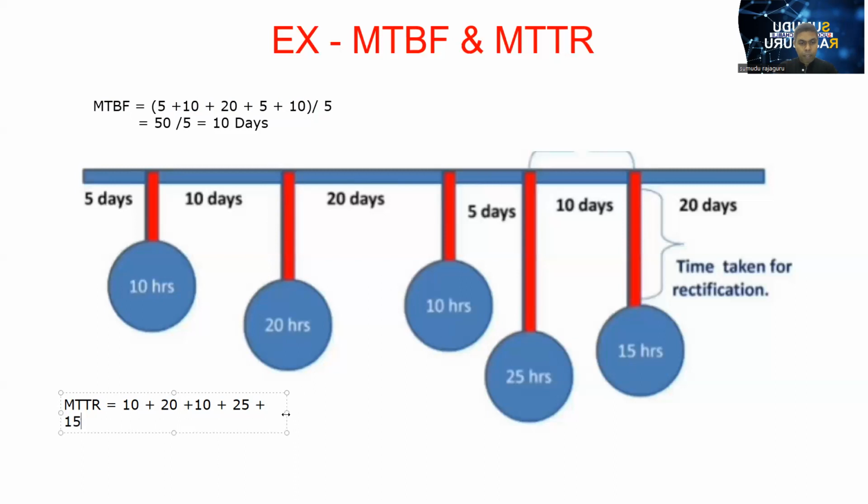So altogether, we have to add these repairing times. Then there are 5 failures. So because of that, we have to divide this by 5. When we add all these numbers, 10 plus 20 plus 10 plus 25 plus 15, it is 80. Divide by 5, so the mean time to repair, the average time taken for the repair activity, is 16 hours.